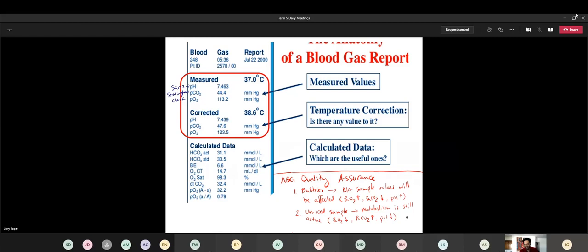So those are two of the things that we could usually regulate ourselves to make sure that we don't end up with numbers that are inaccurate. And then once upon a time, they would have to take their ABG syringes, because they were made out of glass, and aspirate heparin into the syringe and coat the inside of the syringe.